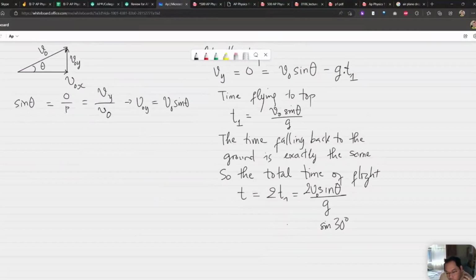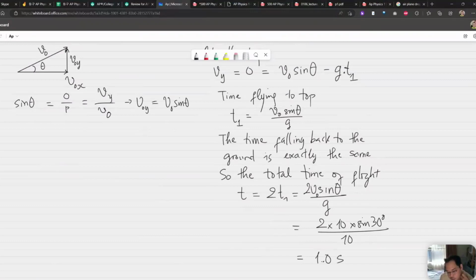So 2 times 10 multiplied with sine of 30 degrees and divided by g. We can take 10 to simplify the calculation. So 2 times sine 30, which is 1/2, gives 1 second.